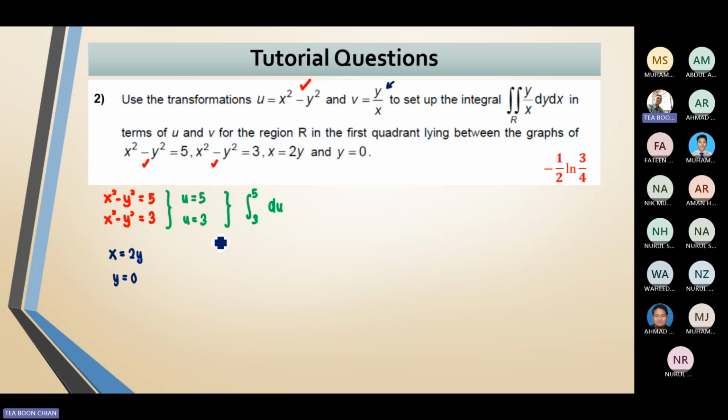So the first set on top becomes U, and the second set below becomes V. Now, since V equals y over x, try to do something here so that you get the form of y over x. Well, the first equation should be easily done. You just need to swap the position of these two, x and 2, becoming 1 over 2 equals y divided by x.